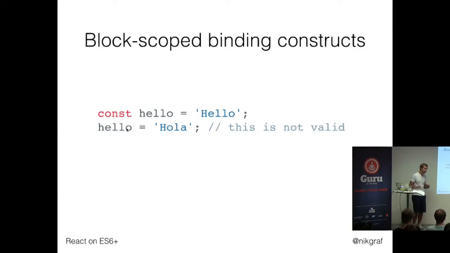And that makes it really nice when working in the same code base with a lot of people, because by using const as a variable construct, you can make sure that people don't overwrite your stuff.